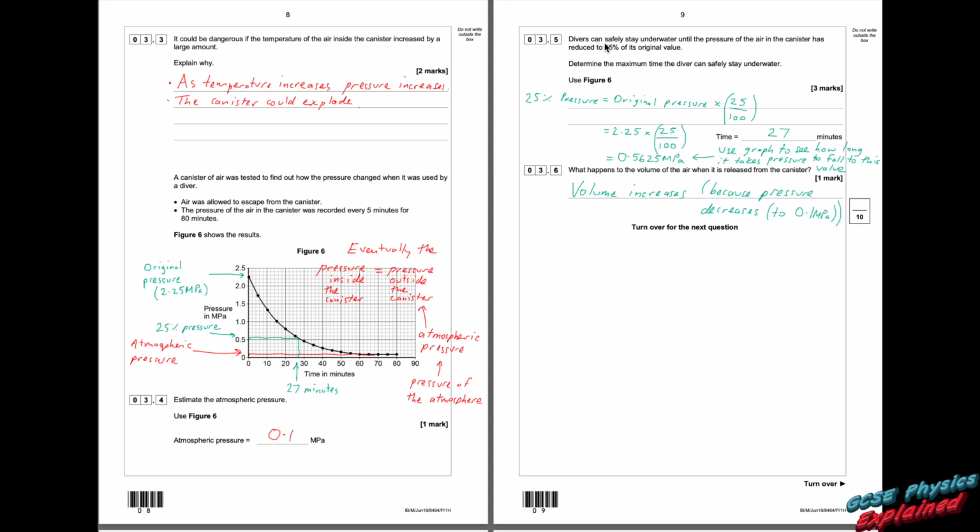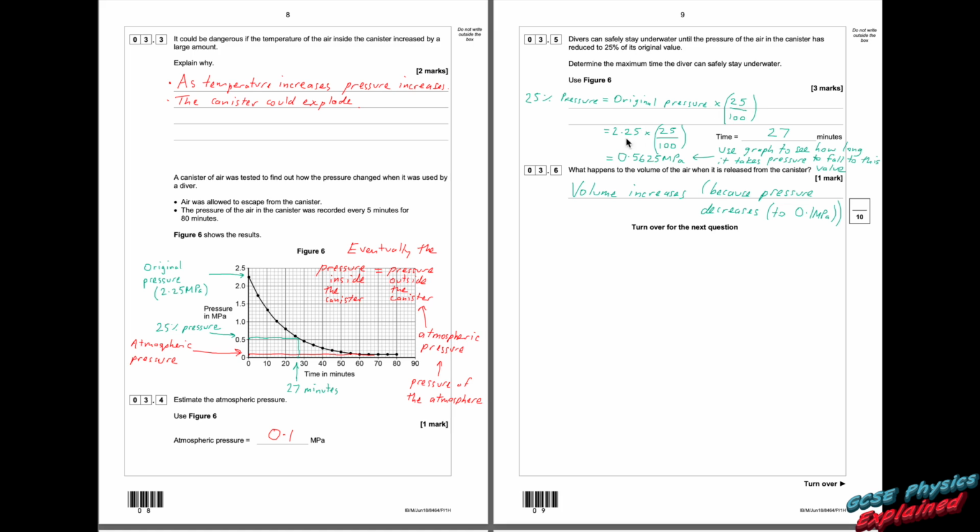Part 5. Divers can safely stay underwater until the pressure of the air in the canister has reduced to 25% of its original value. Determine the maximum time the diver can stay underwater. So 25% pressure. If you take the original pressure and divide it by 100 to get 1%, and then multiply it by 25 to get 25%, just like we did for the previous question.